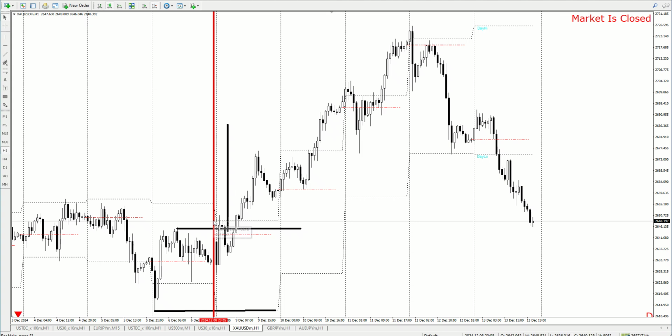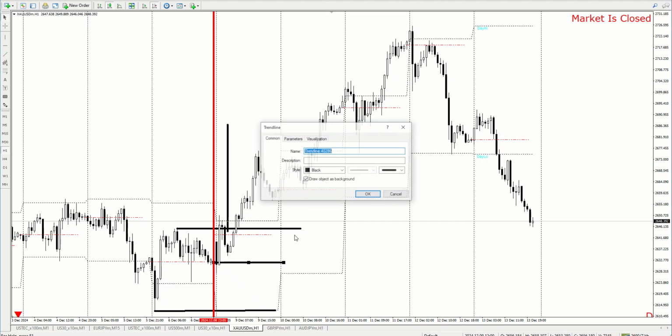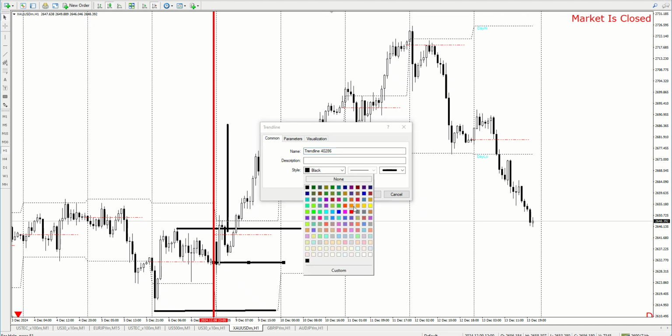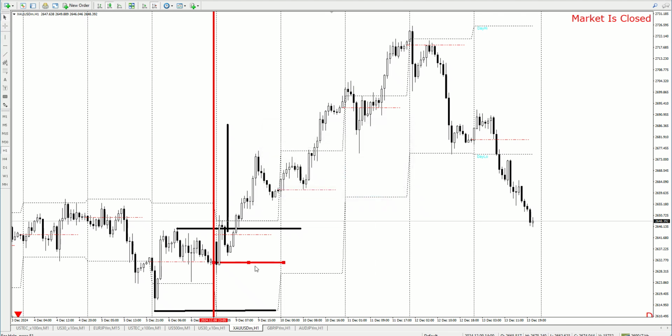Most of them around the world open on Monday morning, but this one opens early for me. So you'll see it's two days here. That's why Monday's closing price and high will be at a different level, because you can see this is roughly where Friday closed, almost the same as Thursday's closing price. So I'll just put this one as red, because it's the closing price that I'm going to use.